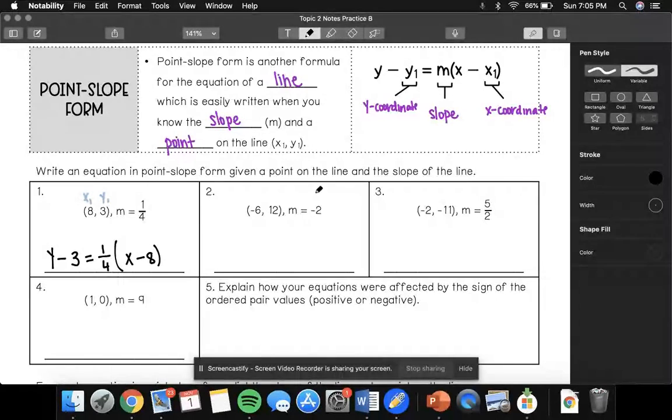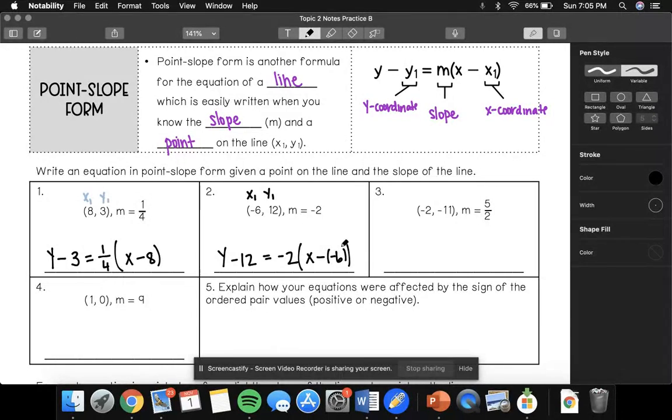We will practice simplifying this into slope-intercept form later, but this is all we're practicing right now. Number 2, we have (-6, 12). That's a point on this line, and it has a slope of -2. Again, this is my x1 and this is my y1. So my equation will be y minus 12 equals -2 times the quantity x minus -6.